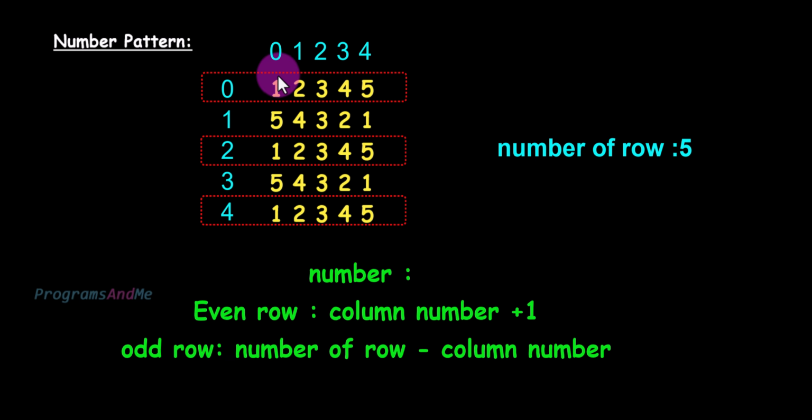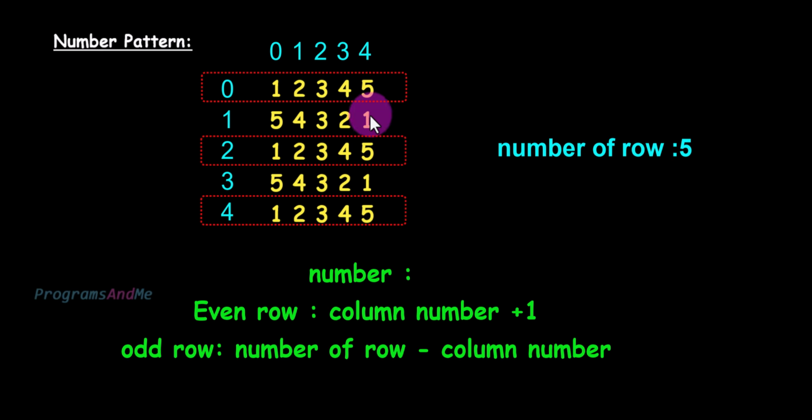To get the numbers 5, 4, 3, 2, 1, we need to subtract the column number from the number of rows or number of columns. 5 is the number of rows or columns in this pattern. So 5 minus 0, 5 minus 1, 5 minus 2, 5 minus 3, 5 minus 4. So we'll get these numbers. So we need to write a separate formula for odd row numbers and even row numbers.